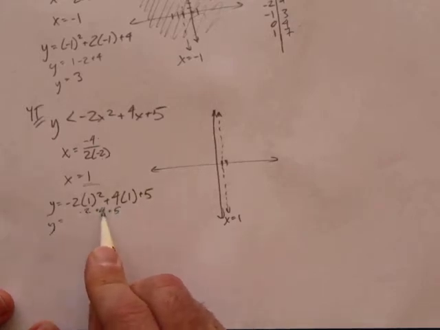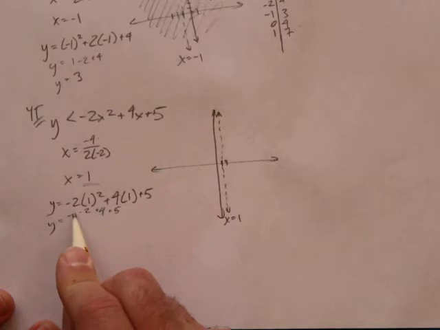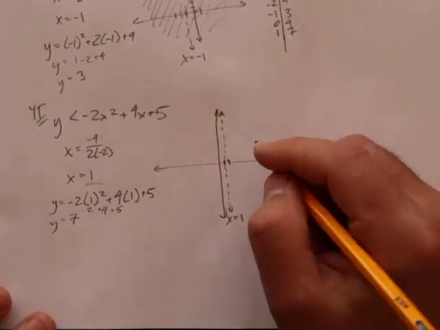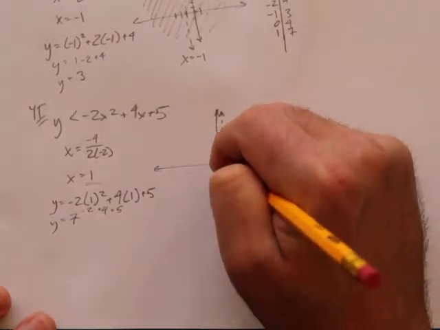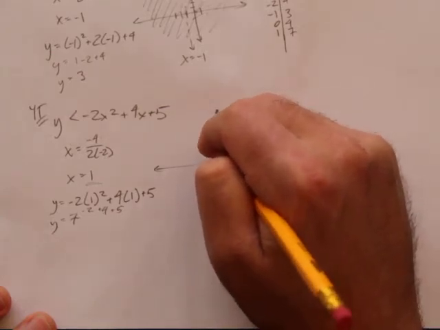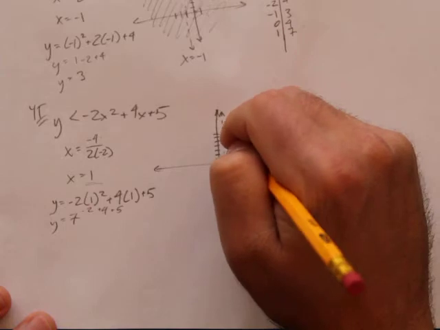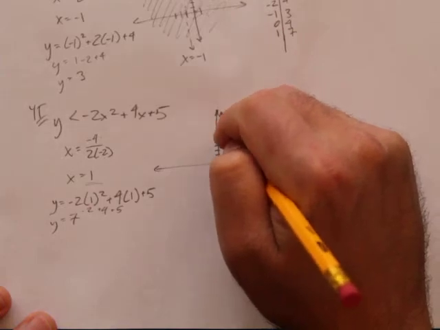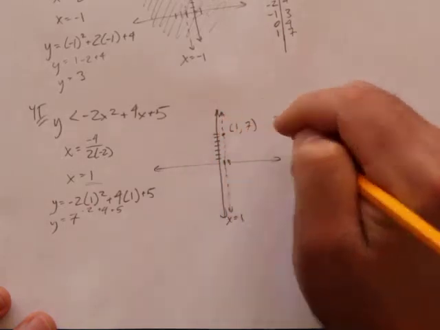So negative 2 plus 4 is positive 2, plus 5 is 7. So my vertex is 1, 7. 1, 2, 3, 4, 5, 6, 7. My vertex is 1, 7.